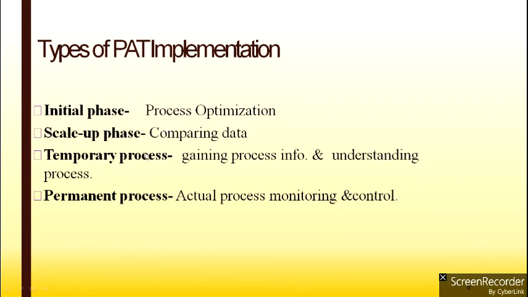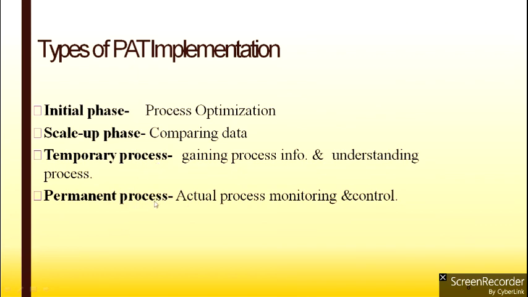And there will be temporary process and permanent process involved in the process steps, which have to be identified. And then you will understand what the temporary steps are and whether the PAT has to be implemented there, and how much analysis has to be done from the temporary process as well as from the permanent process.